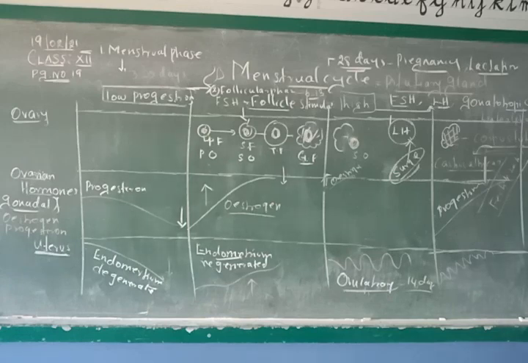In the absence of fertilization, the corpus luteum degenerates and changes into another structure called corpus albicans. The last question. In which phase of the menstrual cycle does LH attain its peak level? Ovulatory. Okay, so that's all. Put your marks on the top. Tomorrow when you come, please study the menstrual cycle in detail. Clear? Right.